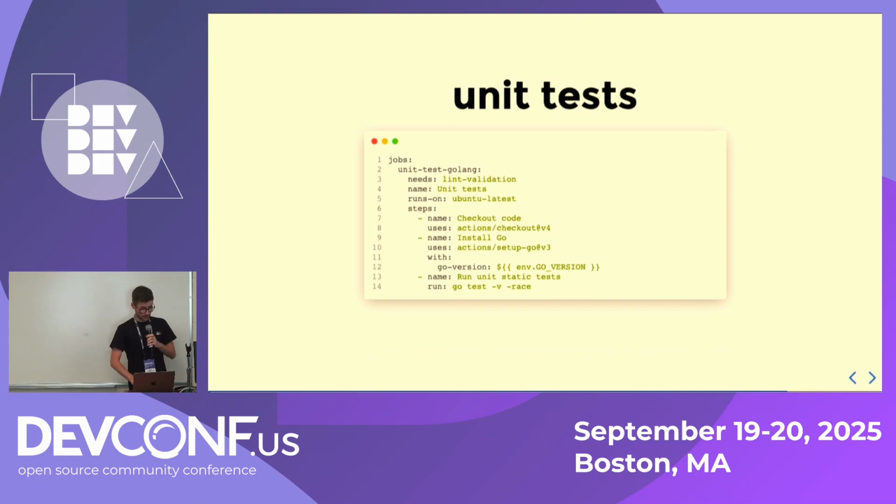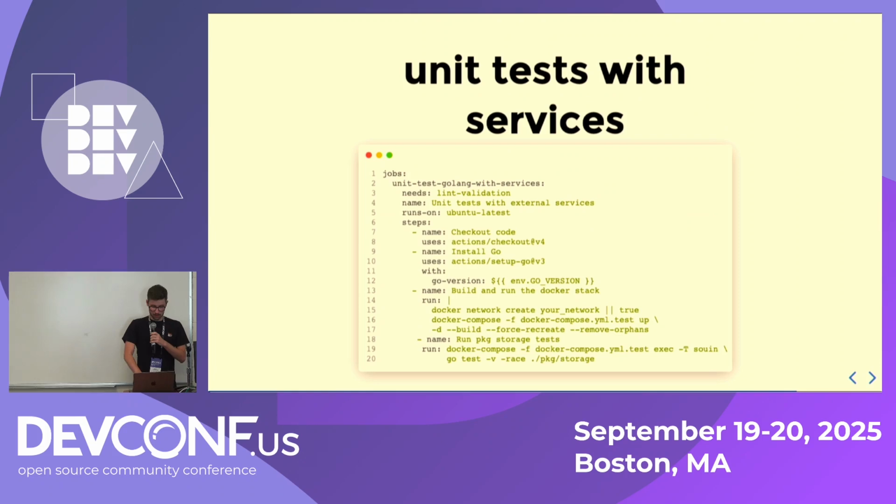For the unit test, we run the Go test in race mode, so it will be run concurrently, and if it detects a race condition, your test will fail. For example, a write and a read at the same time on the same variable. With services, we mount a Docker Compose stack and run the test on it.